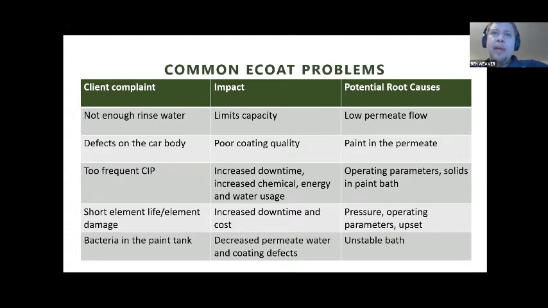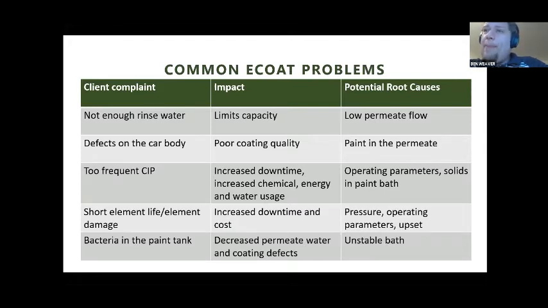Another issue that we hear about is we're cleaning too frequently. We're using too much chemical, we're using too much water, we have increased downtime, and that's preventing us from producing enough rinse water. Really, this can be tied back to: is there contamination in the system? Are we fouling up the membranes too quickly?